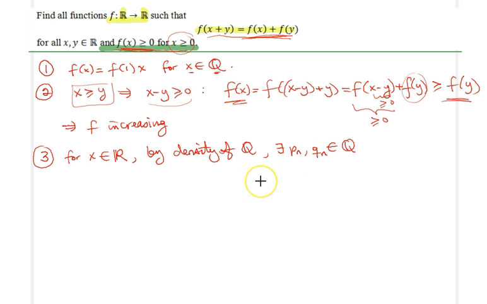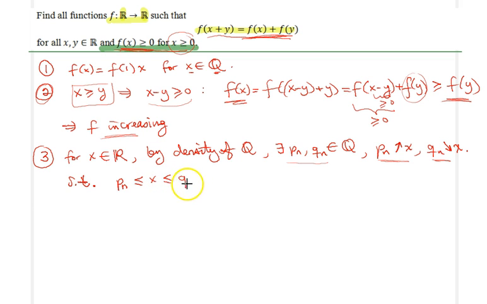So these are sequences made up of rational numbers, such that Pn is an increasing sequence that in the limit approaches x, whereas Qn is a decreasing sequence that in the limit approaches x, decreasing to it, such that Pn is less than or equal to x, less than or equal to Qn. We can always find such sequences that will approximate any given real number.